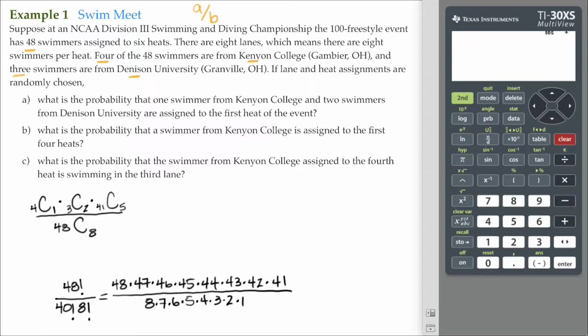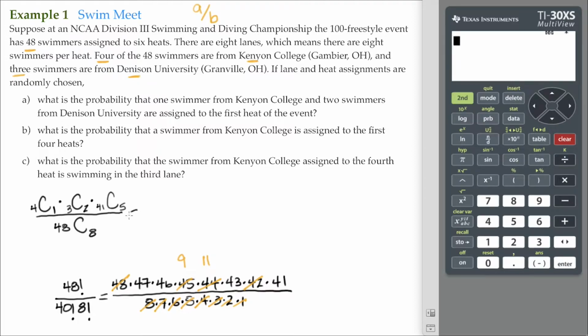Now we'll cancel out factors. We have 8, 8, and 6. There's 48. I have 3 times 2 times 1, that's 6, and 6 times 7, that's 42. I can do 5 goes into 45 9 times, and 4 goes into 44 11 times.